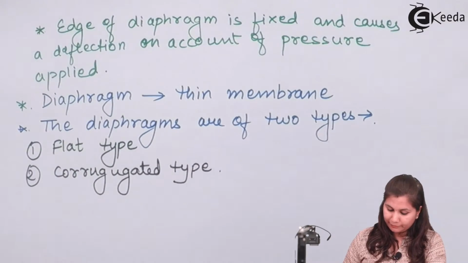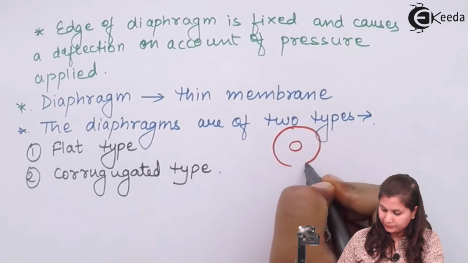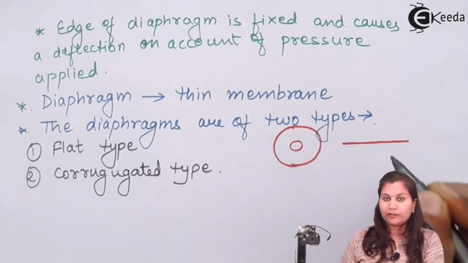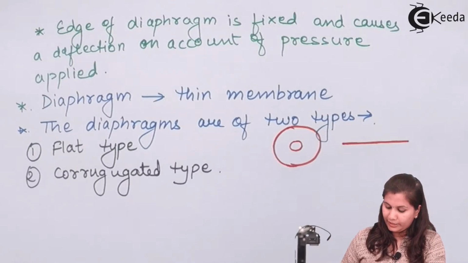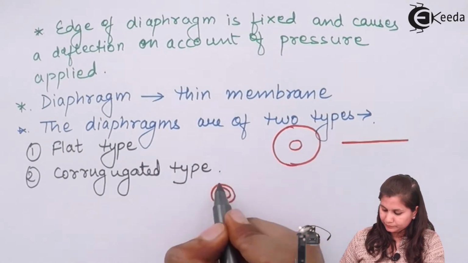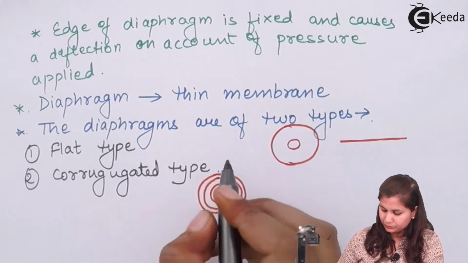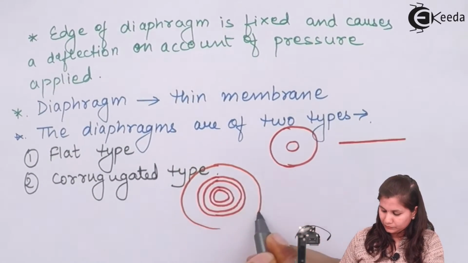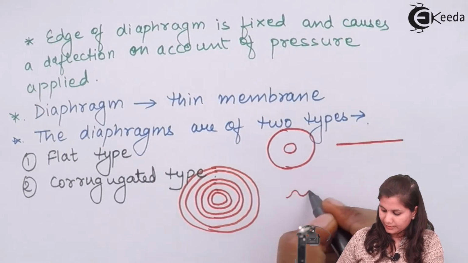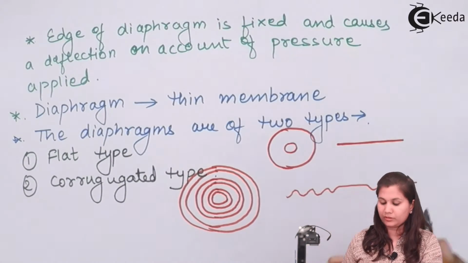If we see their shape, the flat type is one in which we have a flat configuration. In the corrugated type, the cross section is zigzag.